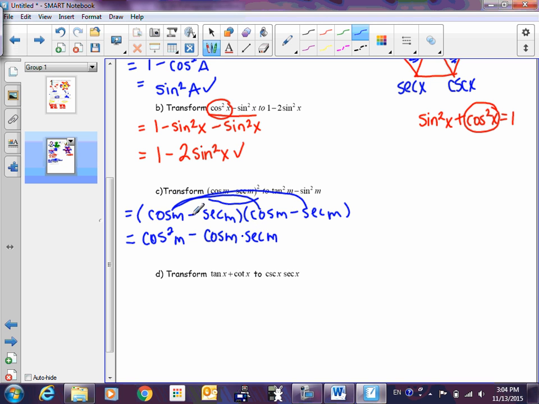Okay, now I'm ready to distribute the negative secant m. So negative secant m times cosine m. And then what would be the very last thing we write? So first of all, a negative times a negative would be a positive. So positive secant squared m.